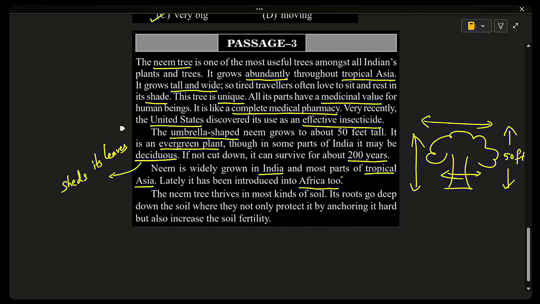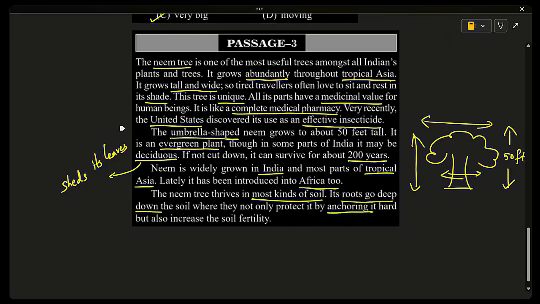The neem tree thrives in most kinds of soil. So not only a single kind of soil, that means most kinds of soil, black soil, red soil, etc. Most different types of soils it can survive in. Its roots go deep down. So this is very important. The roots go deep down the soil where they protect it by anchoring it hard.